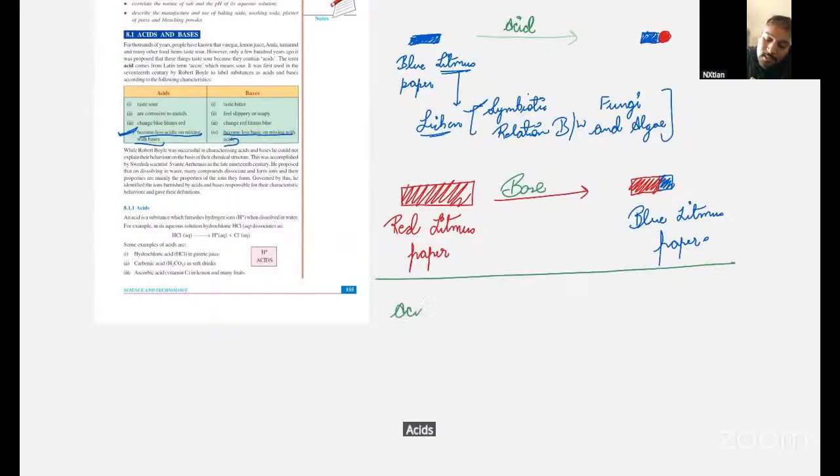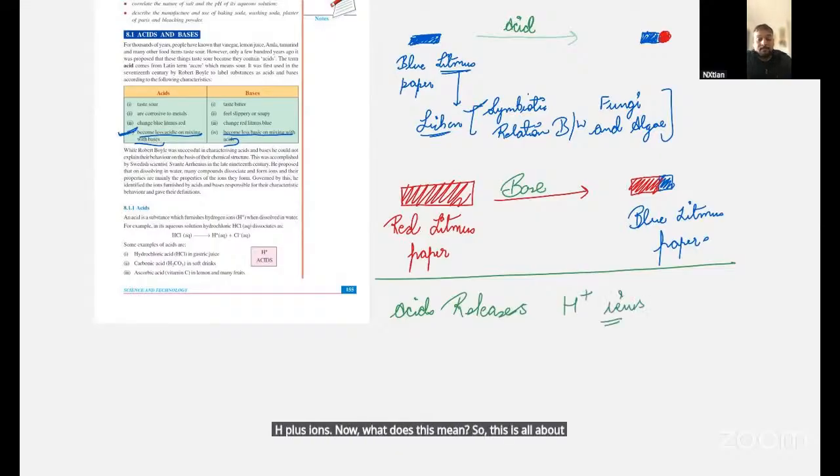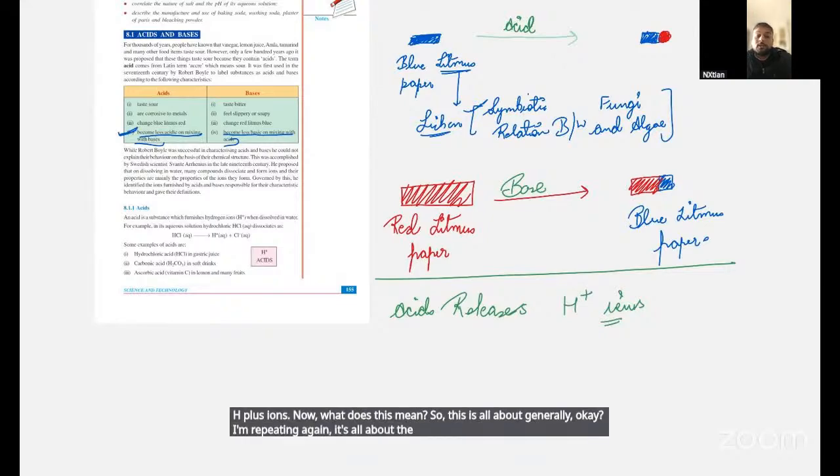Generally, acids release H plus ions. Now, what does this mean? This is all about the general part.